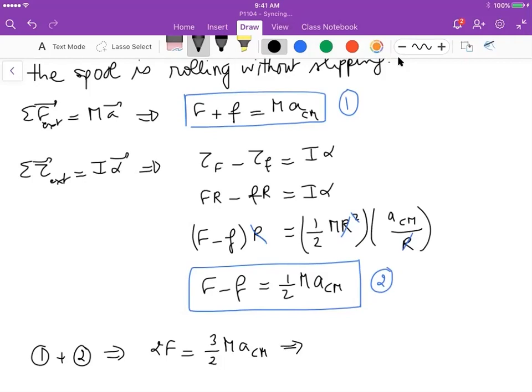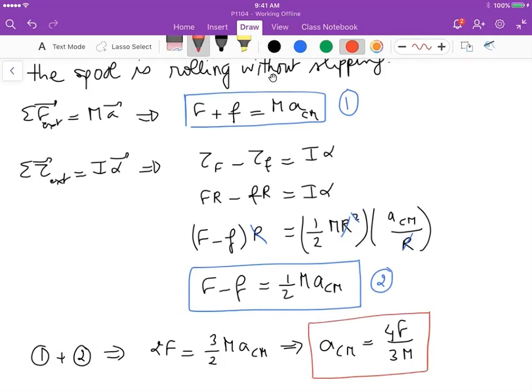From here we deduce that the acceleration of the center of mass is equal to 4f divided by 3m. 2 times 2 times f is 4f divided by 3m, and this is what we have to show. So we got the answer to the first question.